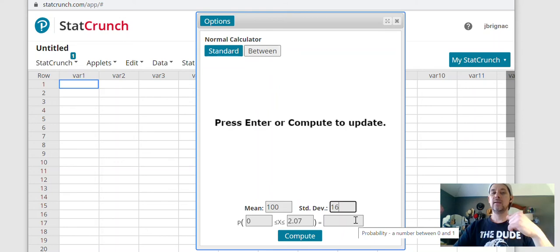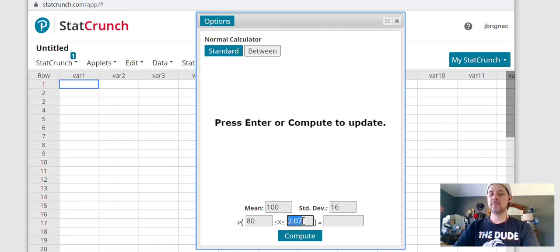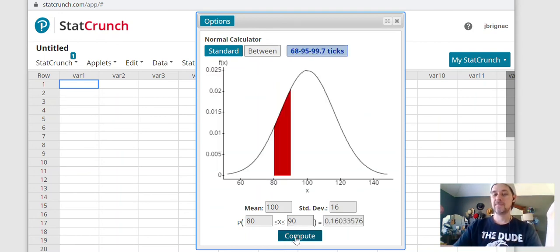Then the question was, can you calculate the probability that a random person's utility bill was between 80 and 90? So X is the spot on the horizontal axis, and to cover between 80 and 90 sweeps all that out. So there it is.